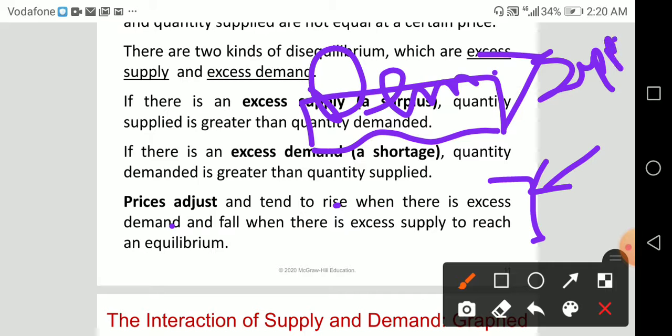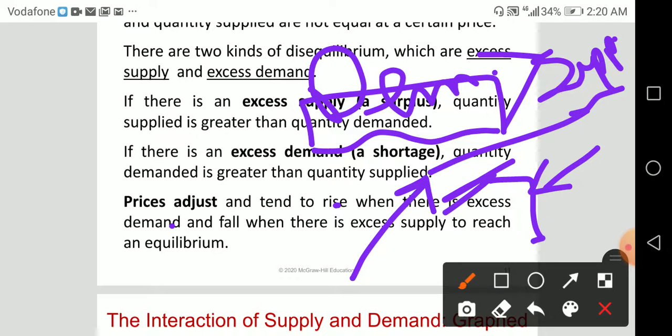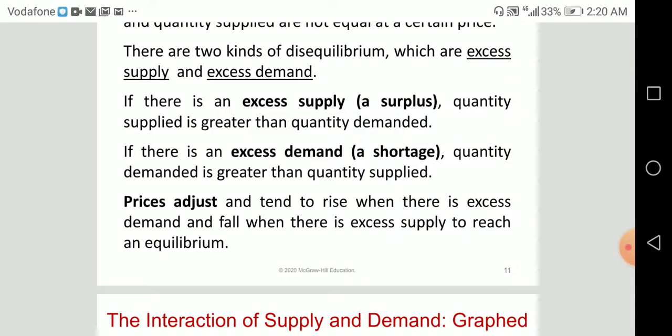So what should happen to the price? The price will increase. Why? To make the suppliers more satisfied, to produce more quantities. That's why this is called a shortage.